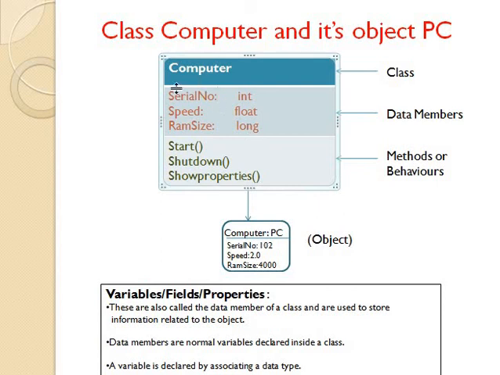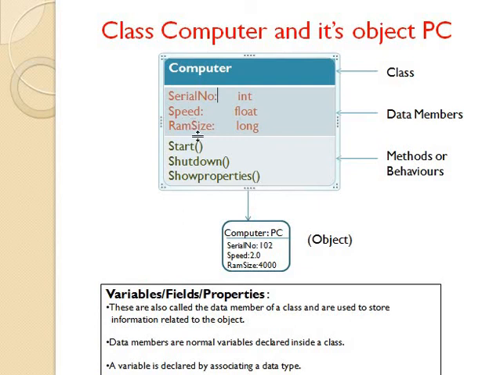Now as soon as you declare these variable names or data members along with their data types, some amount of memory space will be reserved for them. For the data member serial no of type int, which accepts smaller to medium sized integer values, less memory space will be reserved as compared to speed and RAM size.